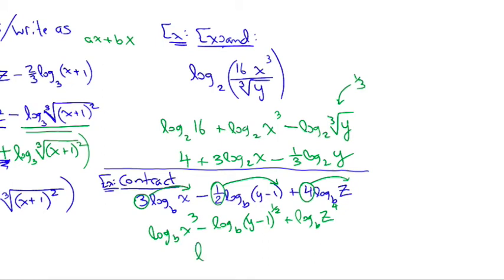So as an individual log base b of, the top things are x cubed and z to the 4th. So you go x cubed times z to the 4th over a half power is a square root of y minus 1. And there's your answer. Ta-da.